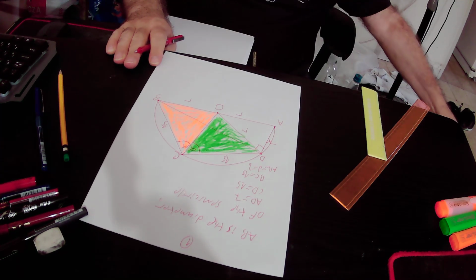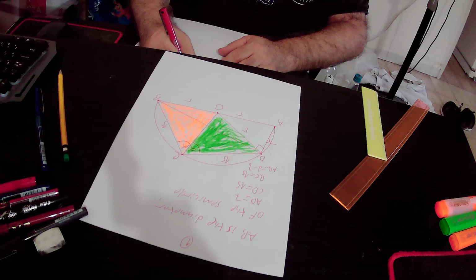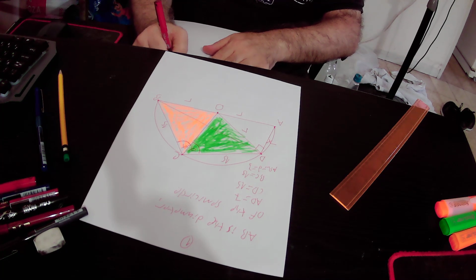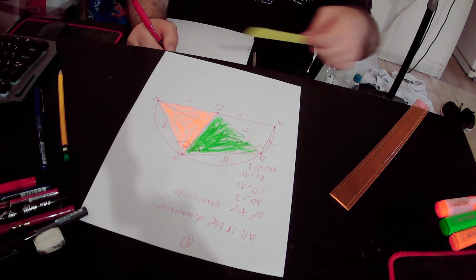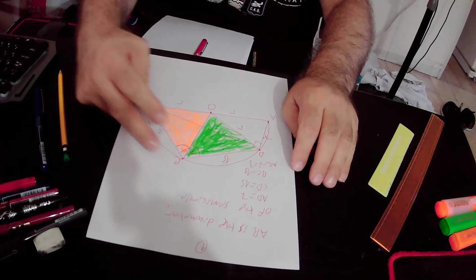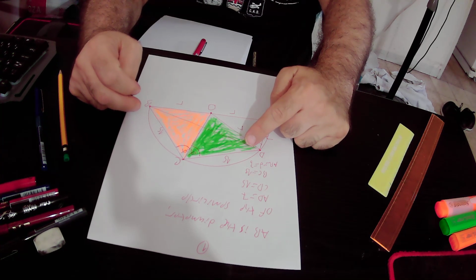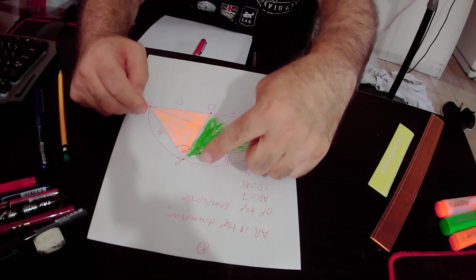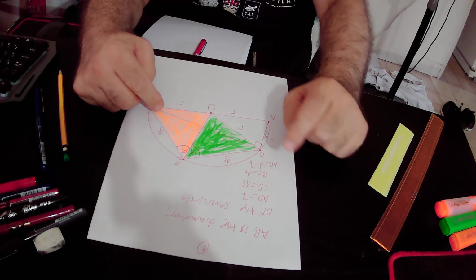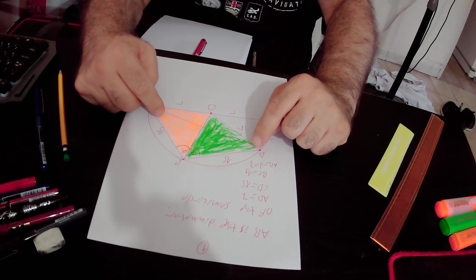So actually in triangle DCB, we have two sides that are equal to each other, and in front of side BC we have angle CDB, and in front of the other equal side we have angle DBC, and according to rule number 2, those two angles that are located in front of equal sides are also equal between them.